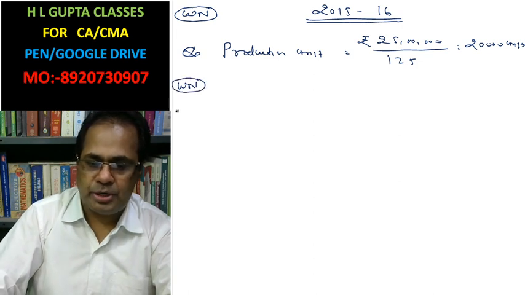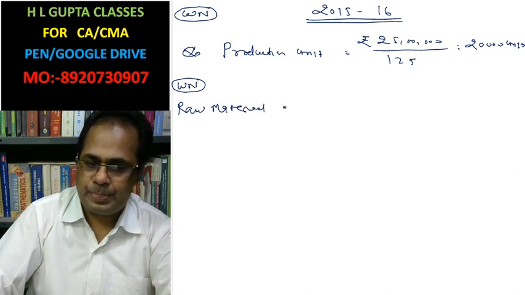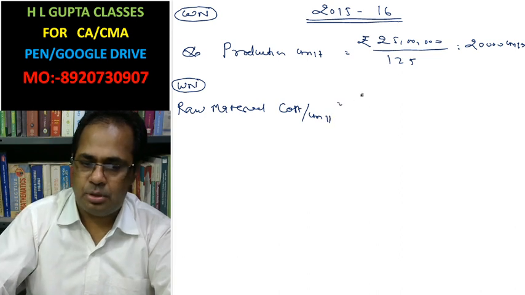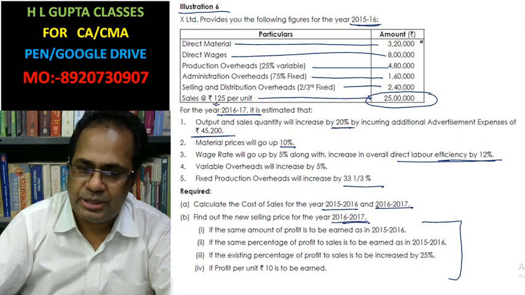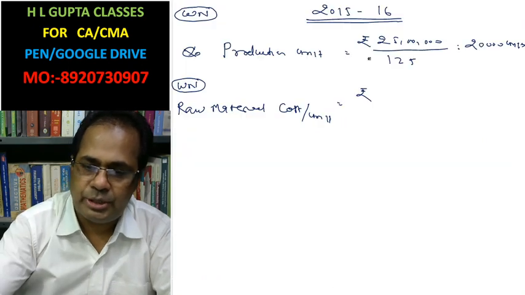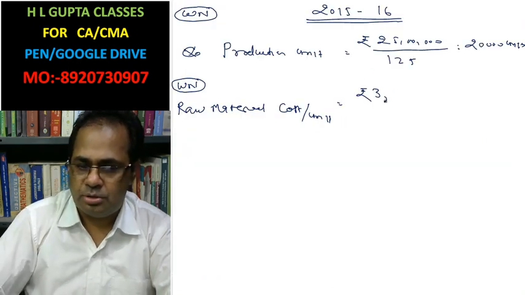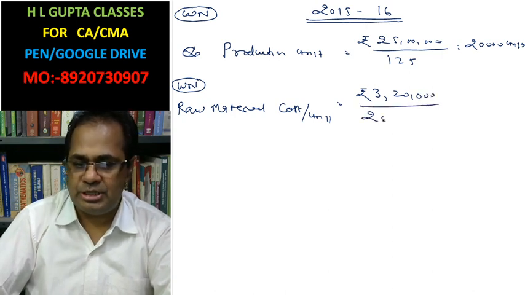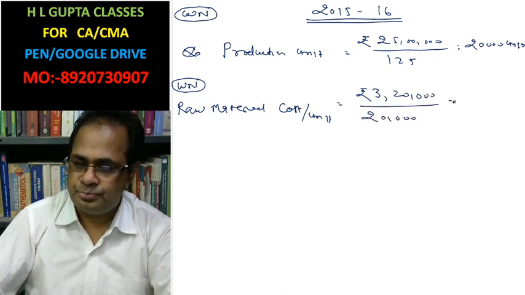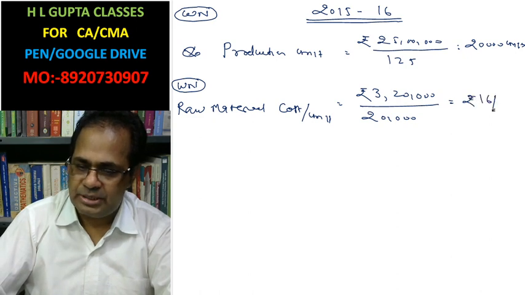Second, material cost per unit. Raw material cost per unit. Look at it. Raw material here we have 3,20,000 and 20,000 units. So it is rupees 16 per unit.